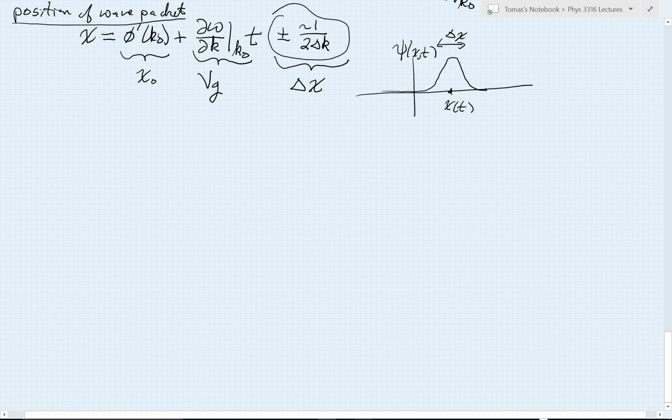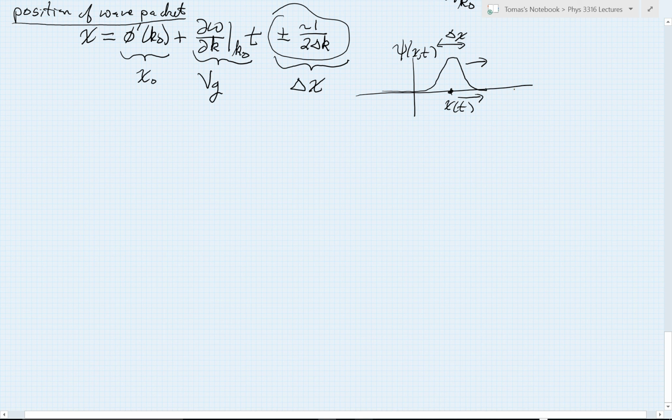And our goal now is to see what we can learn if we insist that the packets we construct always track the position of a classical particle. So I want to make a series of connections that will ensure that this packet and this particle are always going to move together in unison.